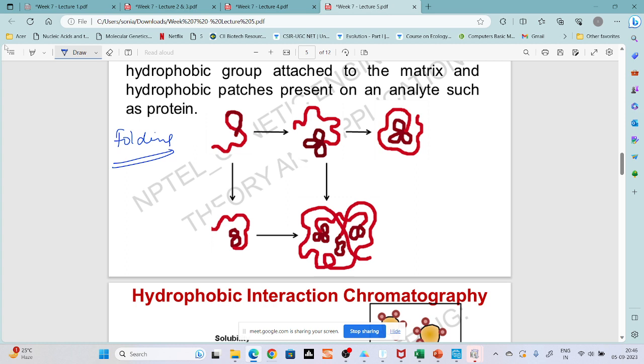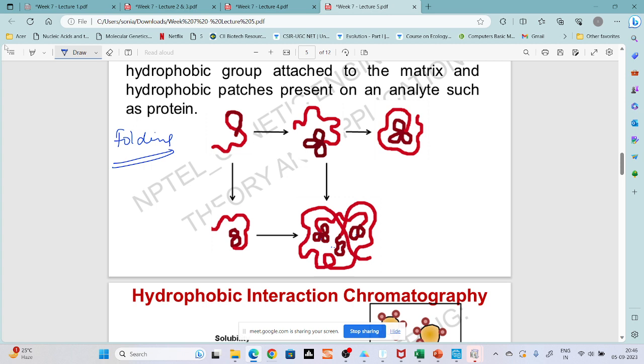Denaturing of protein means that the three-dimensional or quaternary structure of the protein is lost or damaged. The protein is folded in such a way that the hydrophobic amino acids are present in the interior, whereas the hydrophilic amino acids are present on the outside.